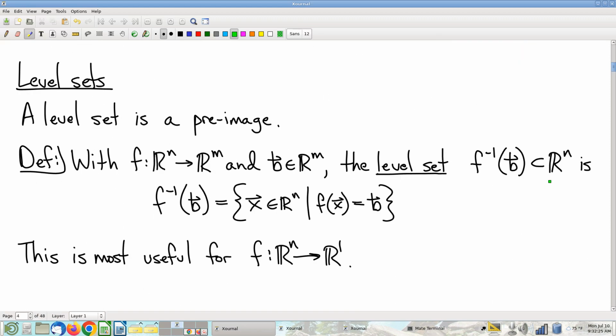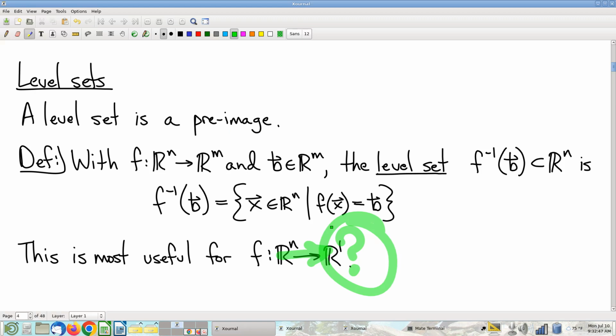All right, so a new kind of picture we're going to talk about, an alternative to graphs. It's called a level set. And roughly speaking, a level set is what we call a pre-image. So let me first remind you what an image is. If you have an input point, you can look and see what comes out. That's called the image.